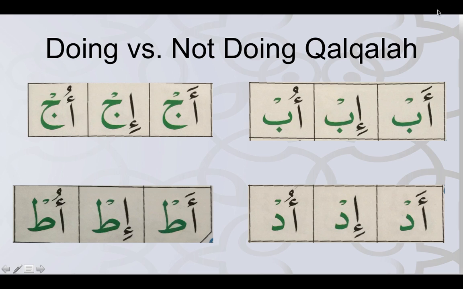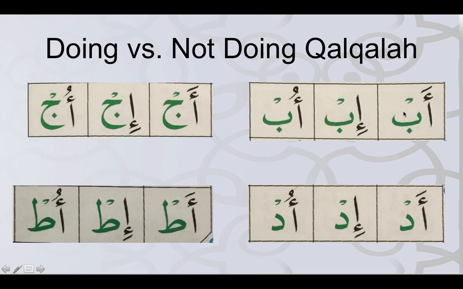One more time. Hamza fatha ba sukoon ab. That ba has a slight echo. What is meant by the echo? That b, ab, ab, ab. Hamza fatha ba sukoon ab. That echo is what's called the qalqalah.